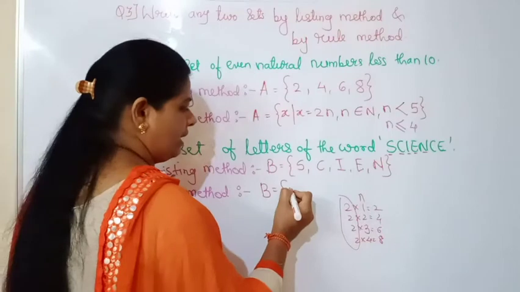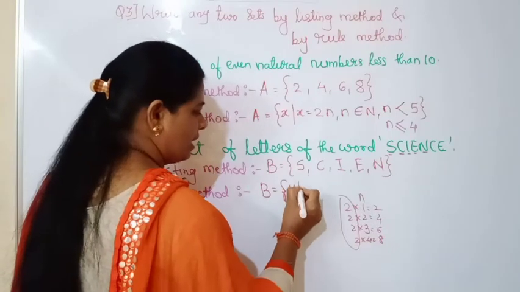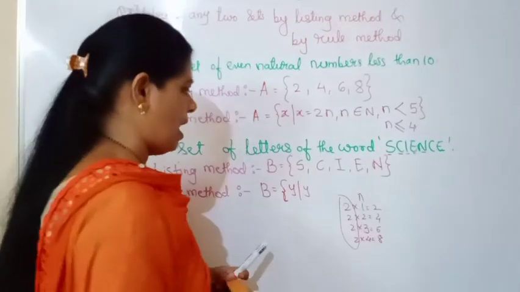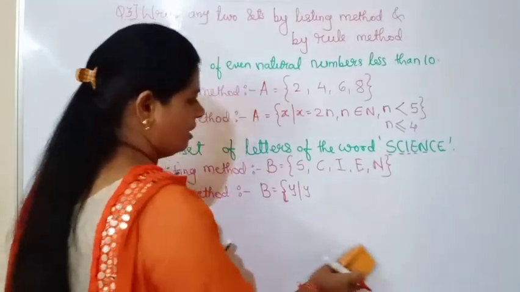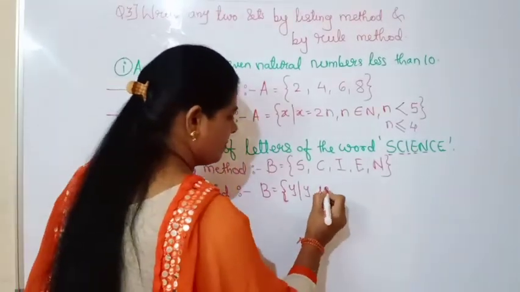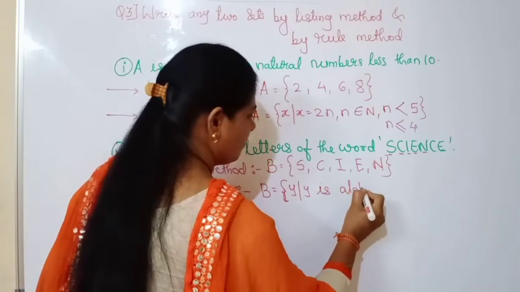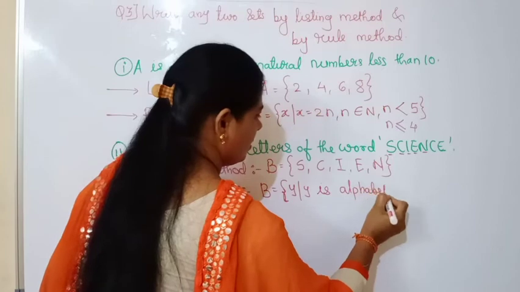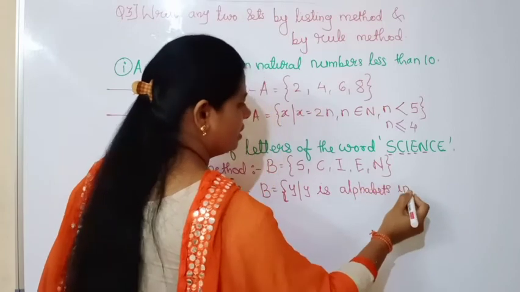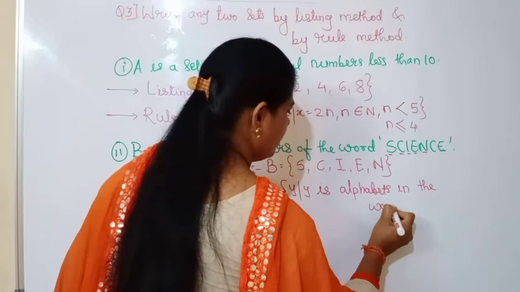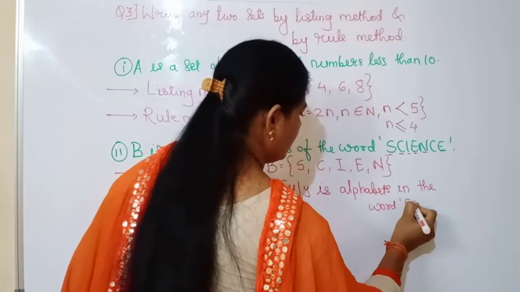I will take it as Y. So B is a set of all Y such that Y is an alphabet in the word science.